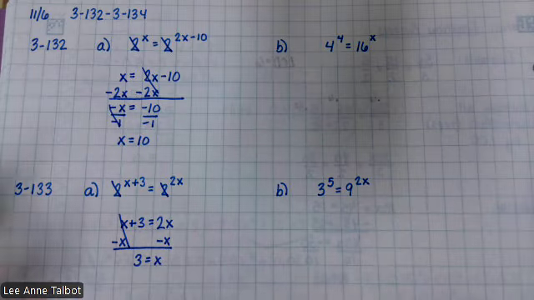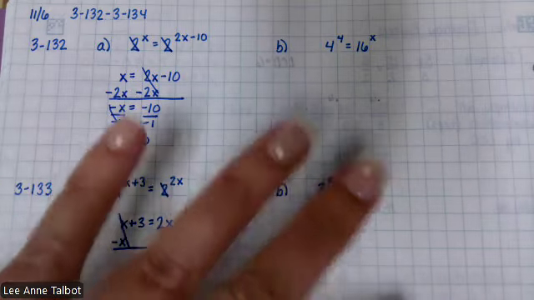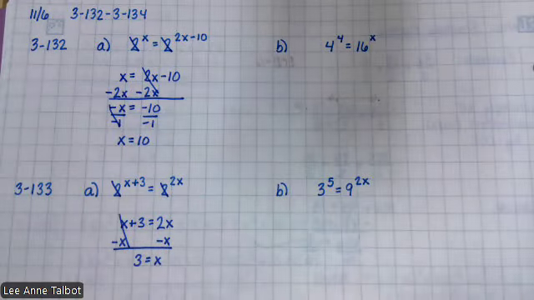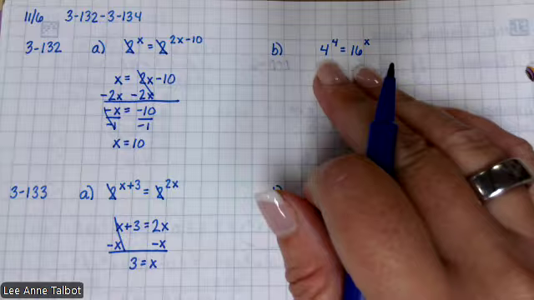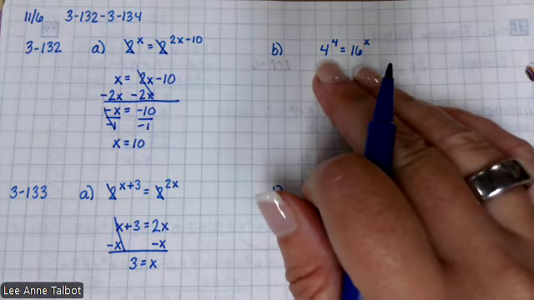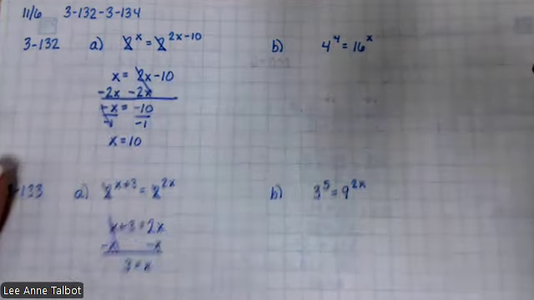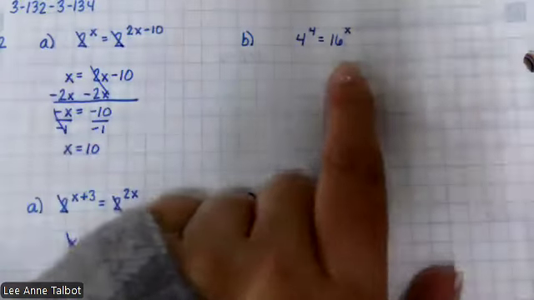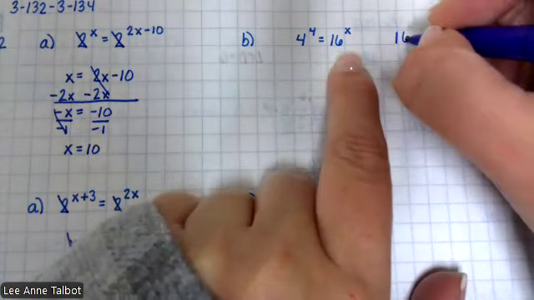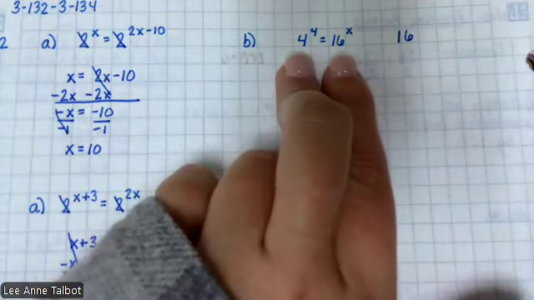Okay, now we're going to get into the harder style problems. So these ones are unfortunate because they don't already have the same base. So what I like to do is I will take the larger base and write it over here. I'm just looking at the bases.